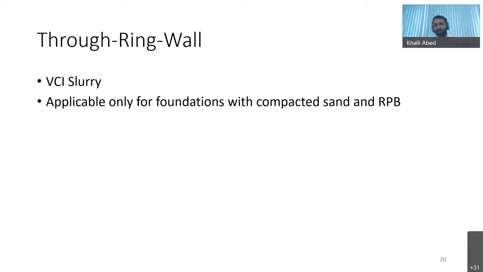And in this case, if you have a wash sand and a ring wall with release preventive barrier, that's the ideal tank foundation configuration for this application. And we use basically vapor phase corrosion inhibitor liquid in the form of a slurry.